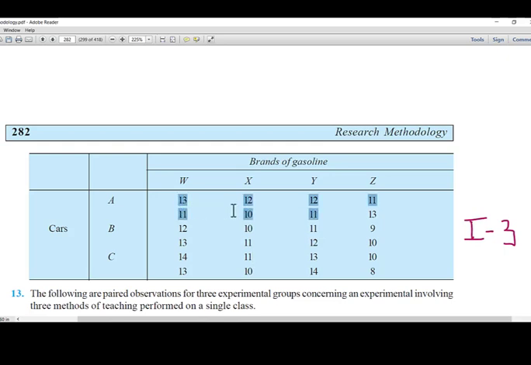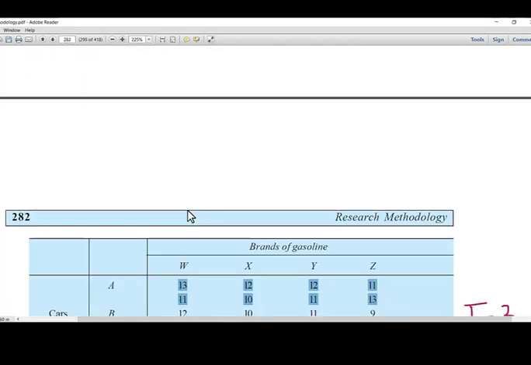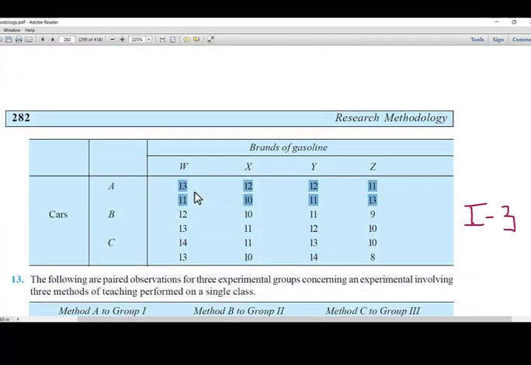For example, this 4 brands of gasoline, W, X, Y and Z, and used in cars, A. And here the data is the mileage. And here when W is used in car A, 13 is the mileage. But when it is repeated, then 11 is the mileage.